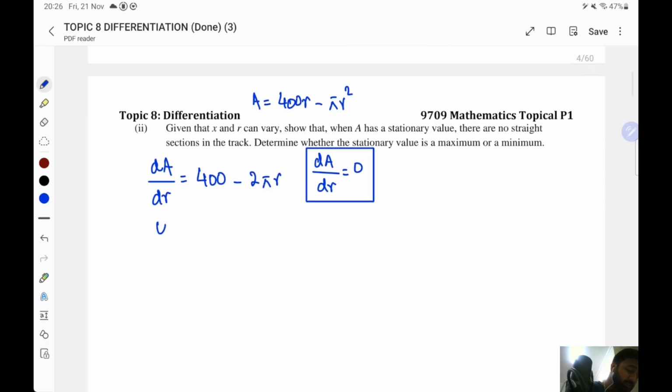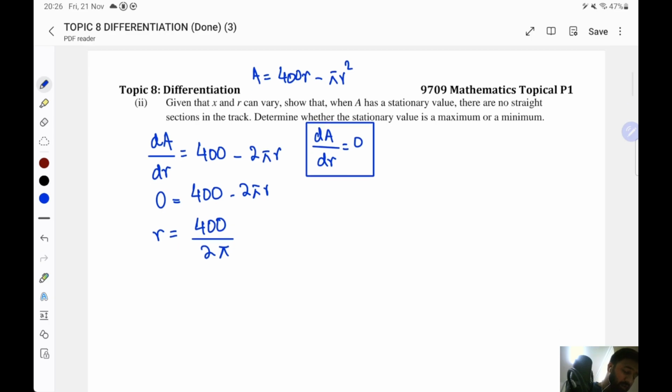Let me substitute the value of this thing equal to 0, and let me see what is the value of r. So r will be equal to 400 divided by 2 pi, and if you simplify, the value of r is going to be 200 divided by pi.